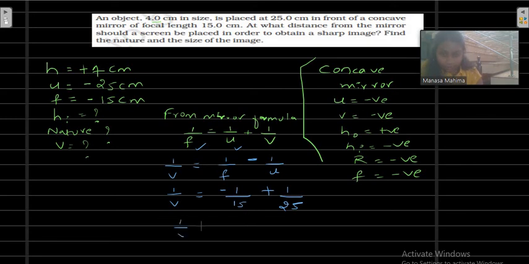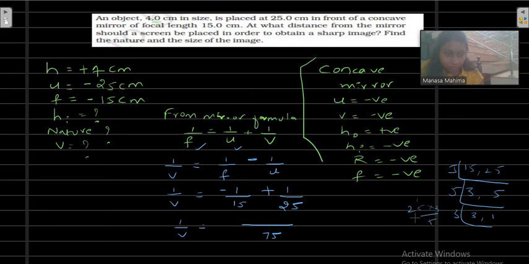So what is the LCM? If you take 15, 25, what is the common factor? 5 3s are 15, 5 5s are 25, 25 3s are 75. Yes, it is 75.